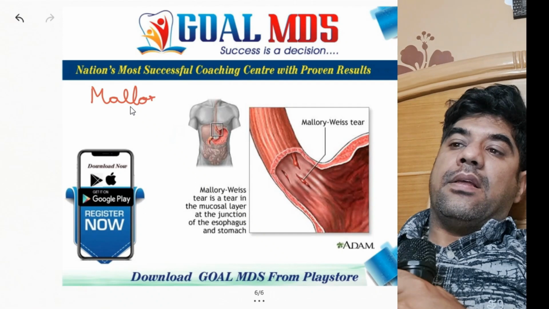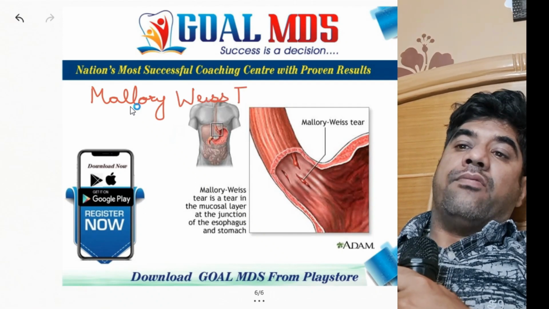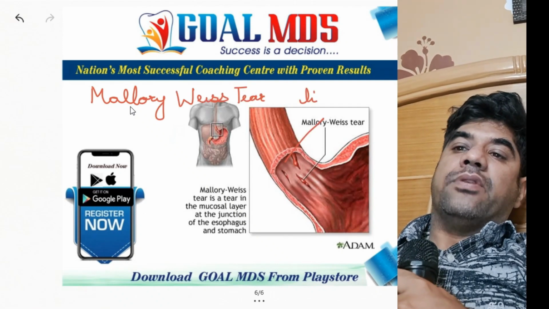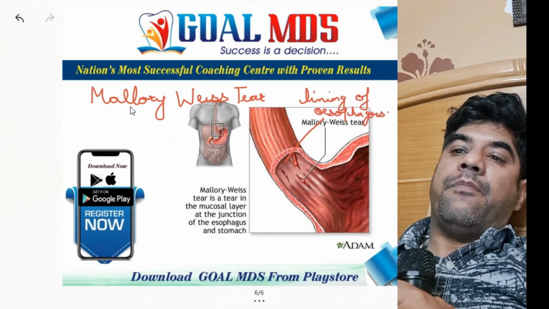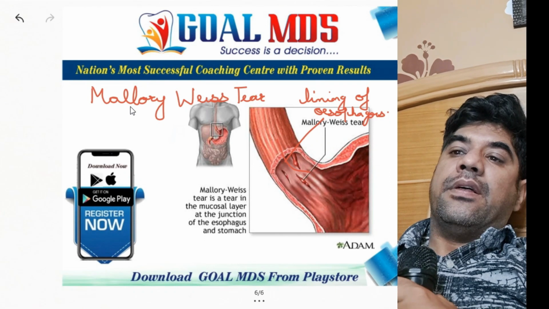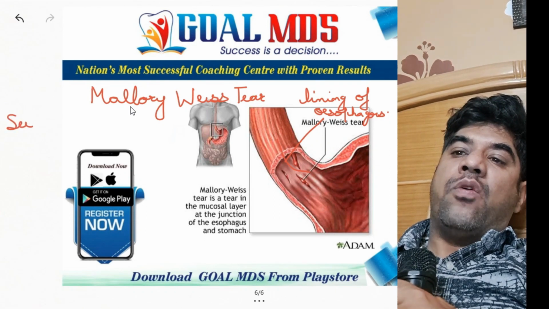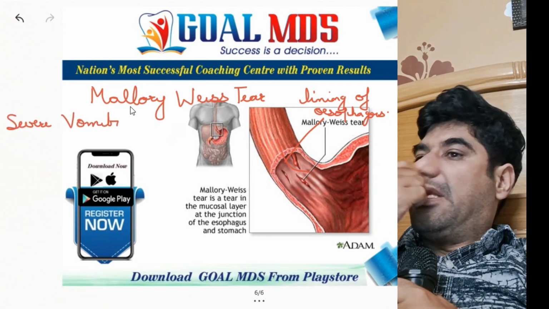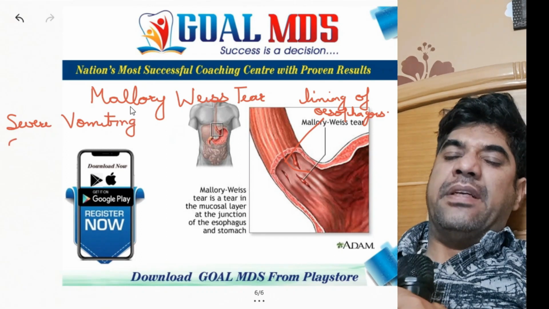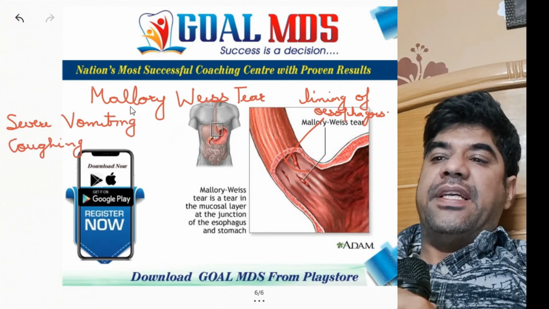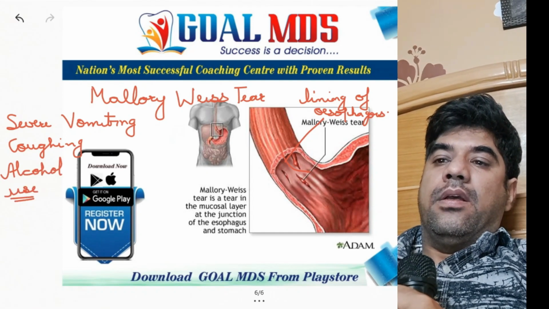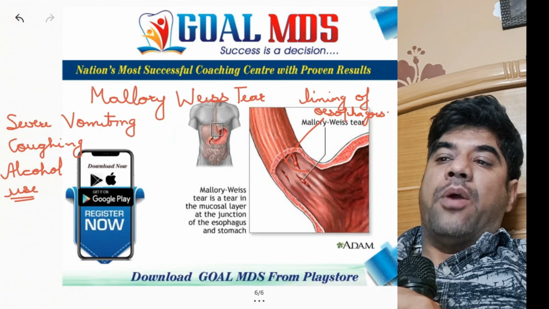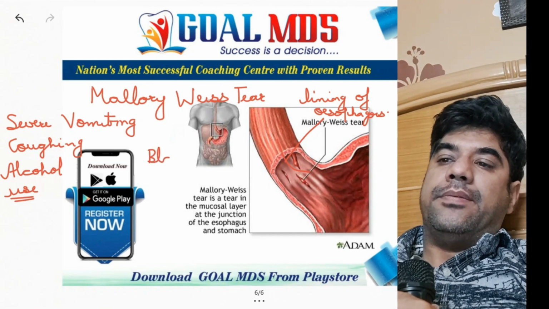Why is this condition seen? It is usually caused by severe prolonged vomiting, or coughing associated with alcohol use or eating disorders. So what are the symptoms that you will see? You will see vomiting blood, or blood in the stool, abdominal pain, difficulty swallowing.